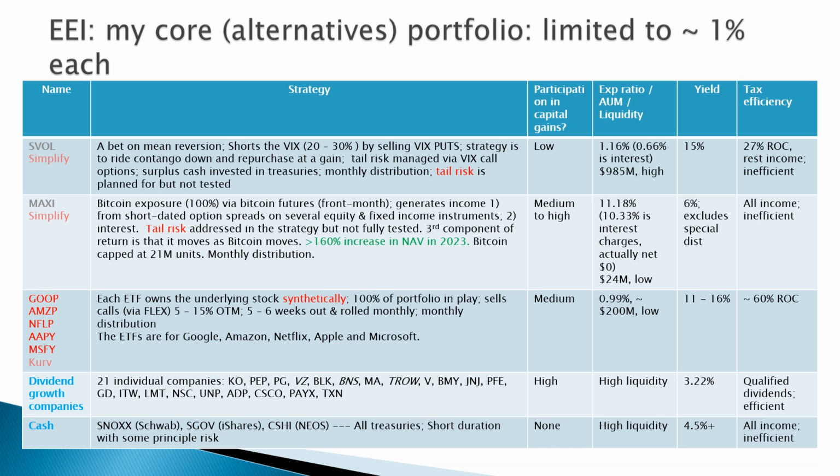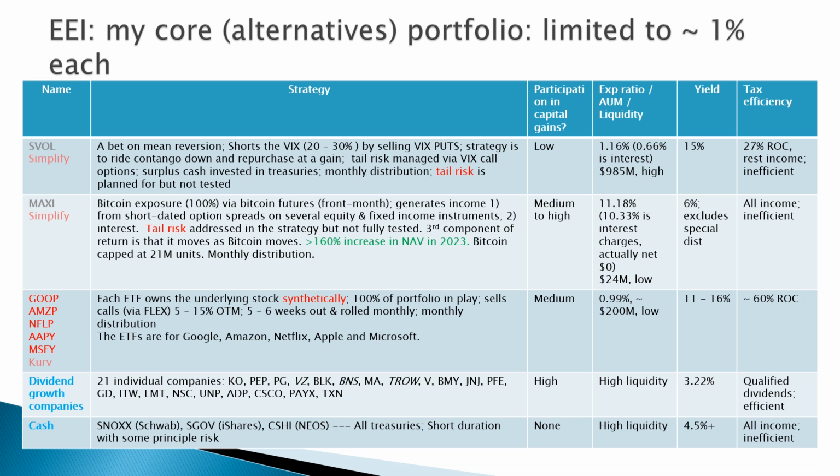The yield is typically in the 11 to 16% range, depending on which company ETF you're talking about. And the tax efficiency is about 60% non-destructive return of capital. So at its end, if things work out, this will be no more than a 5% position, 1% each in these 5 companies.